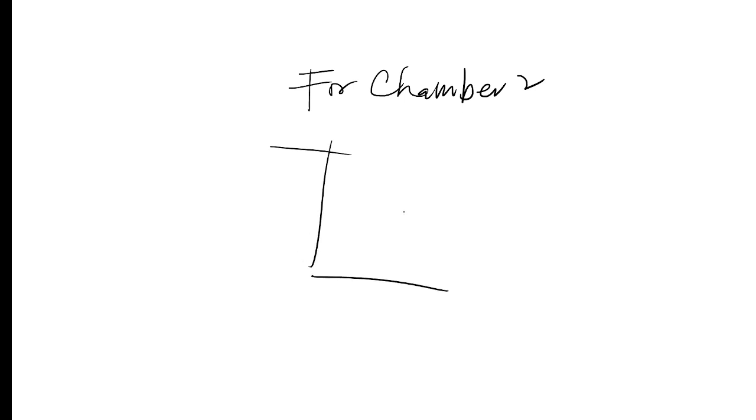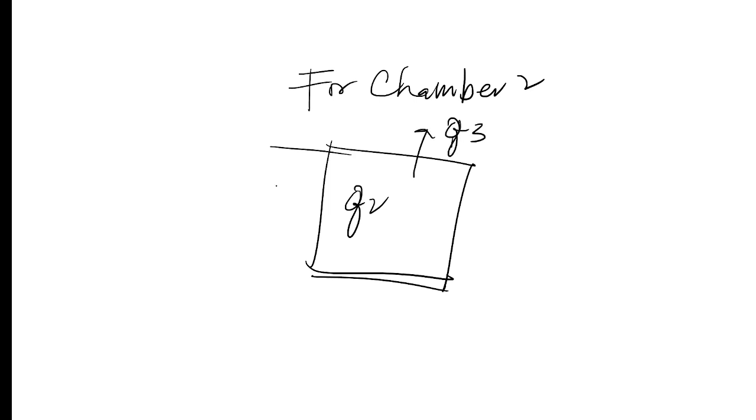So for chamber 2, this is Q2, then this goes out with the Q3, then this is T1, then this is T2, then this is T3.